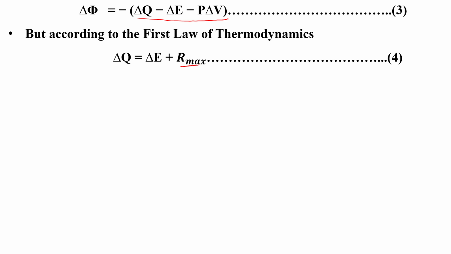This is the maximum work done. Why is it called maximum work? Because in isothermal condition, the work done is maximum. So del Q is equal to del E plus R max, the maximum work done.